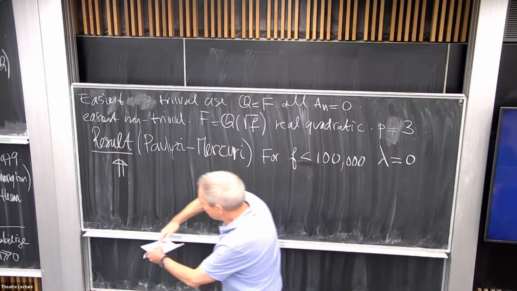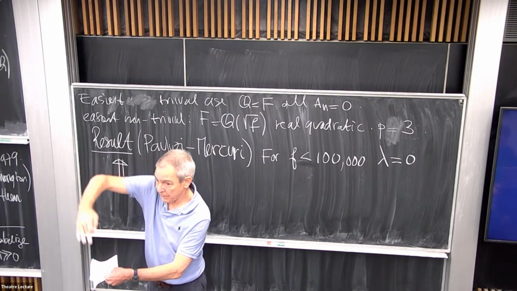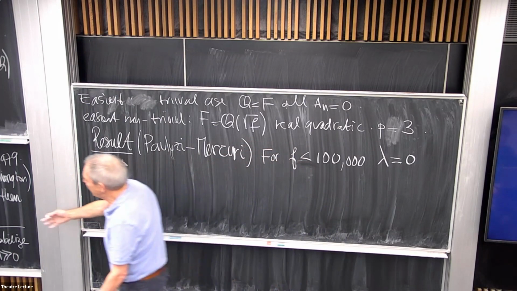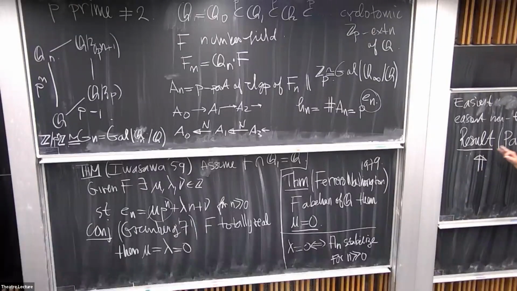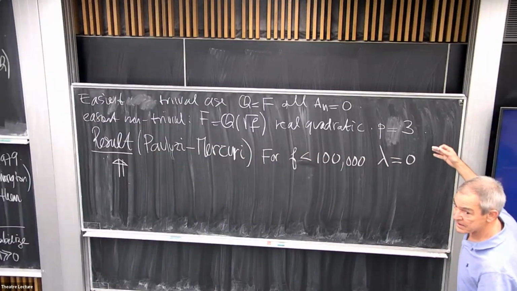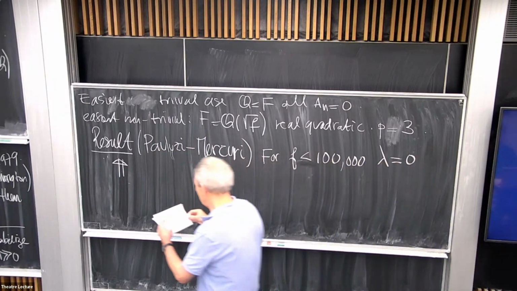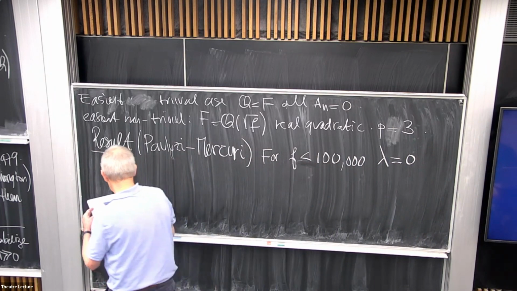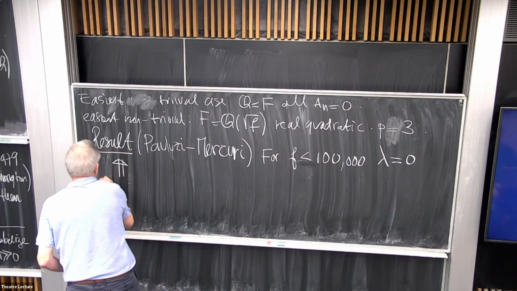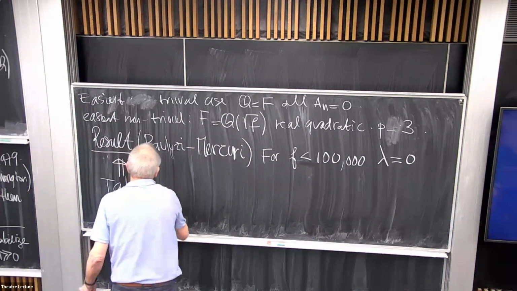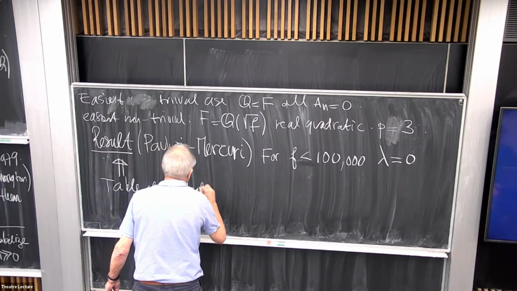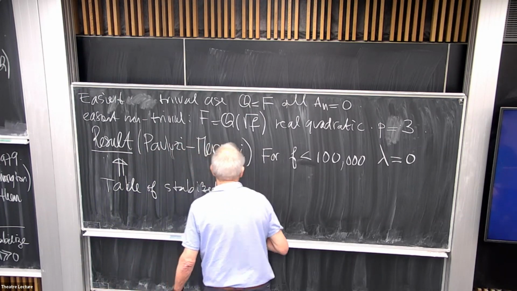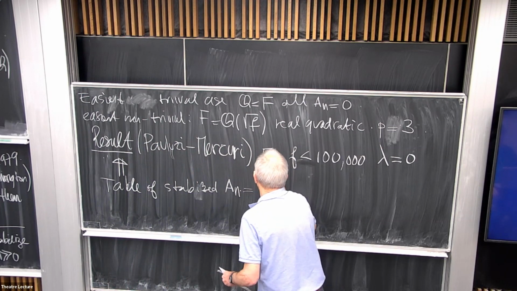And so you have from a certain n on always the same group. This is the group that should be finite if lambda is 0, and it was computed in all these cases. So I have a list of these groups. Actually, more than the group, it is a Galois module, and we have a description of the Galois module. This follows from a table of the stabilized class group A_n. You want the projective limit of that.